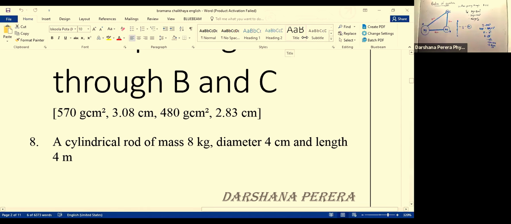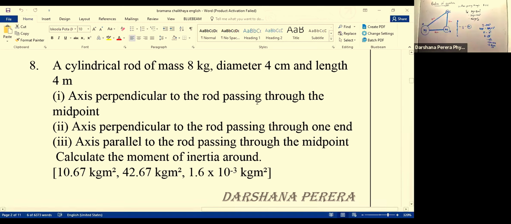A cylindrical rod of mass 8 kilogram, like this, diameter 4 centimeter, length 4 meter.